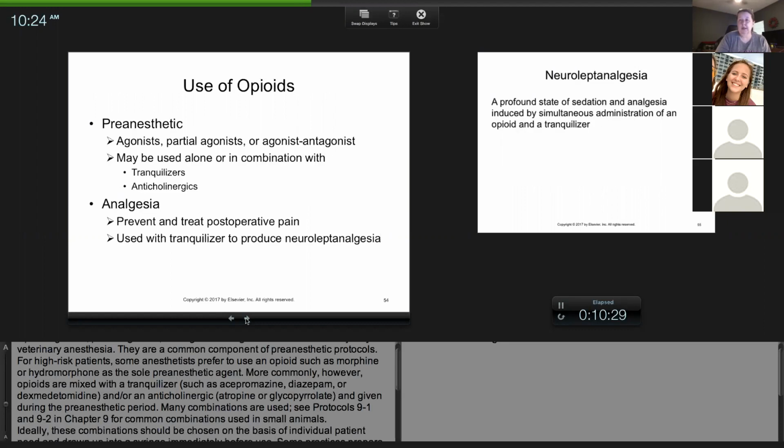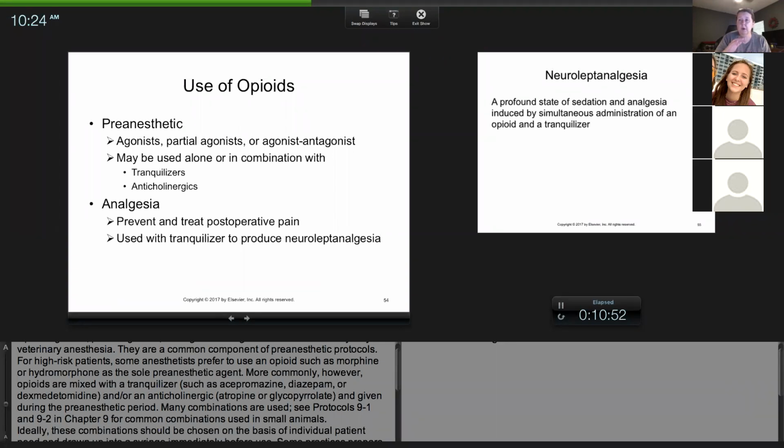The number one reason we use opioids as part of our pre-anesthetic plan is for their analgesia. You can give them by themselves, but they're better if we give them with some type of tranquilizer, like morphine and ACE, or hydromorphone and midazolam.